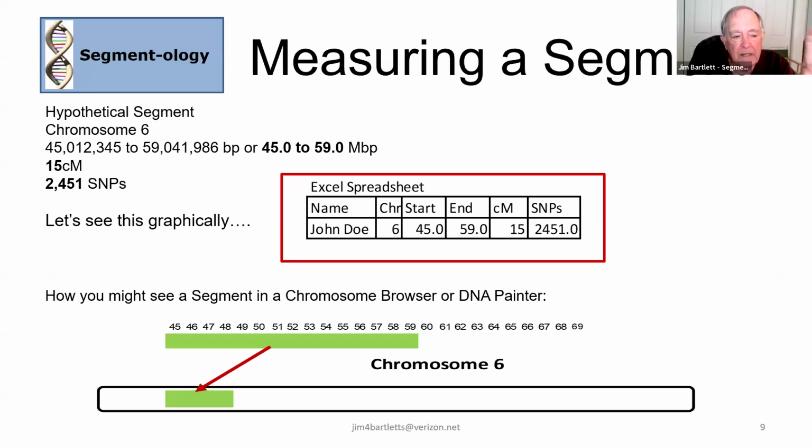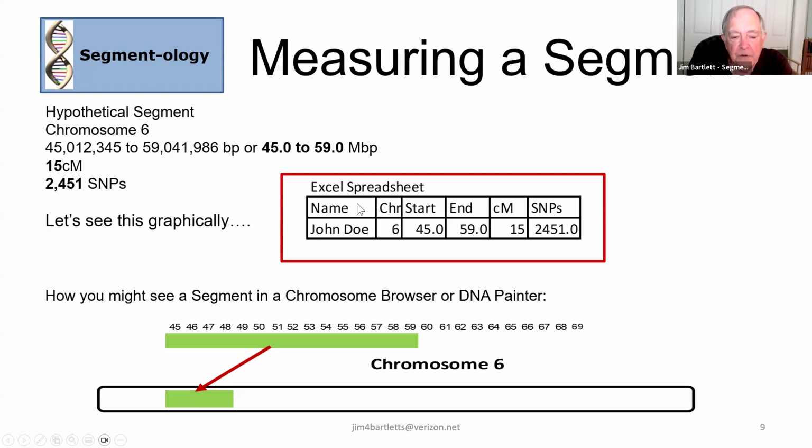Up in the top left is a hypothetical segment. Chromosome 6, this is a text version of this that you might see. From 45 million to 59 million, or we often abbreviate it 45 to 59 megabase pairs. You will see both terms used, base pairs and megabase pairs. 15 centimorgans and 2,451 SNPs.